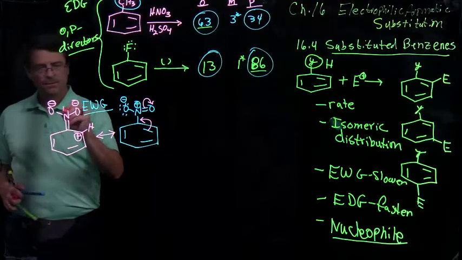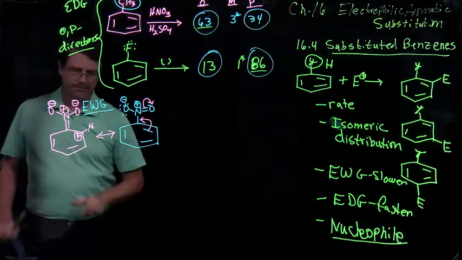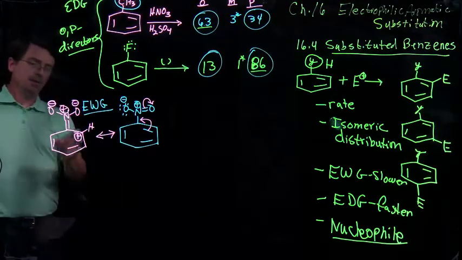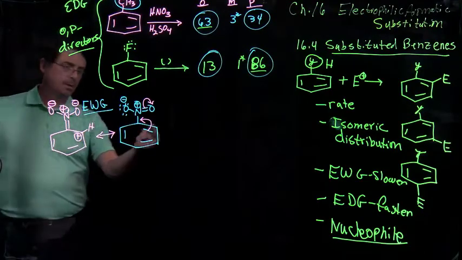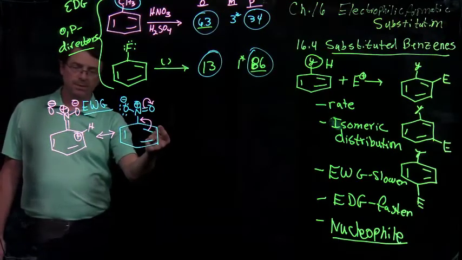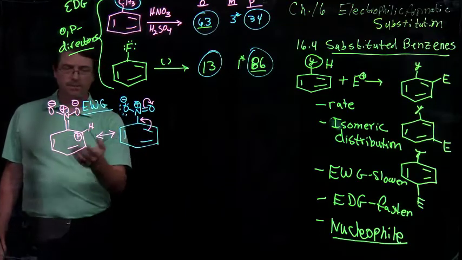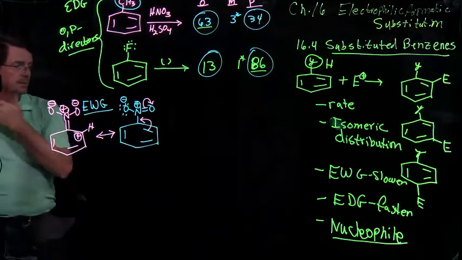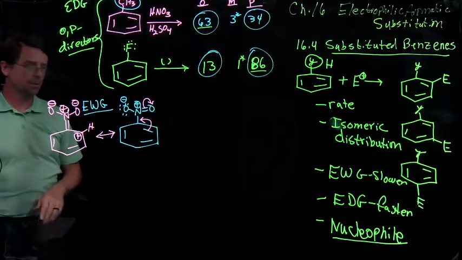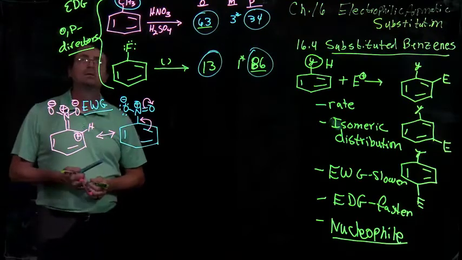Let me get the rest of my formal charges in there. By resonance, this resonance form has put a positive charge at that ortho position. Okay? So that's removed electron density from the ring, and as I mentioned, electron withdrawing groups are going to make the reactions go slower.